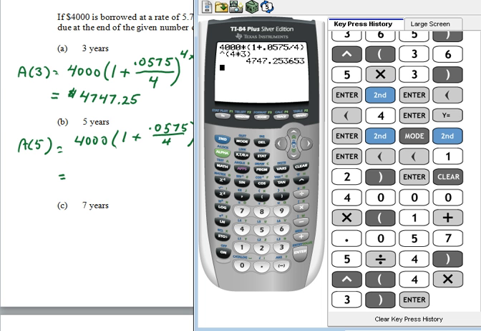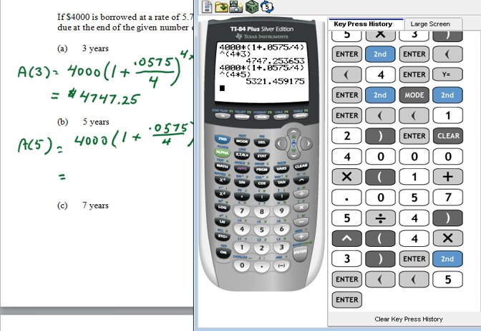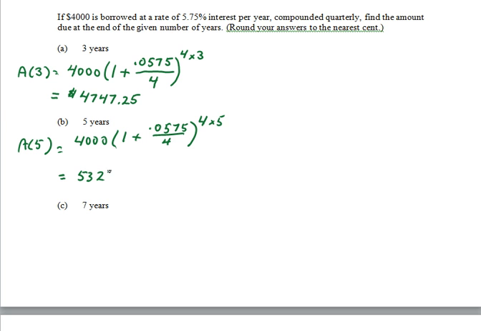Go back to the graphing calculator, do second enter, go back, change the 3 to a 5, press enter, and we get $5,321.46. That is the amount that the 4,000 grows to after 5 years when compounded quarterly.